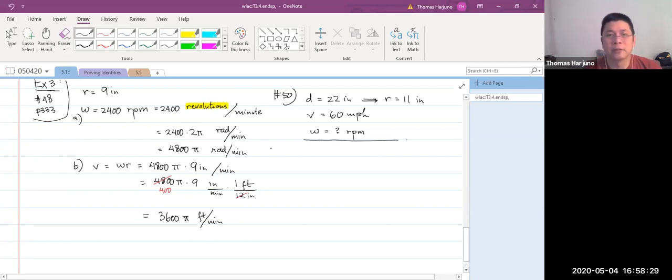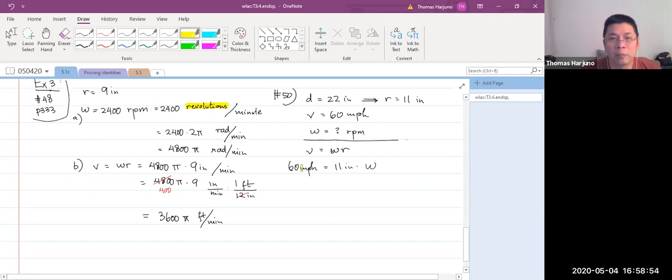Okay, we know the formula, the linear velocity equals omega times r. This is 60 miles per hour equals 11 inches times omega. Now we have some problem here.